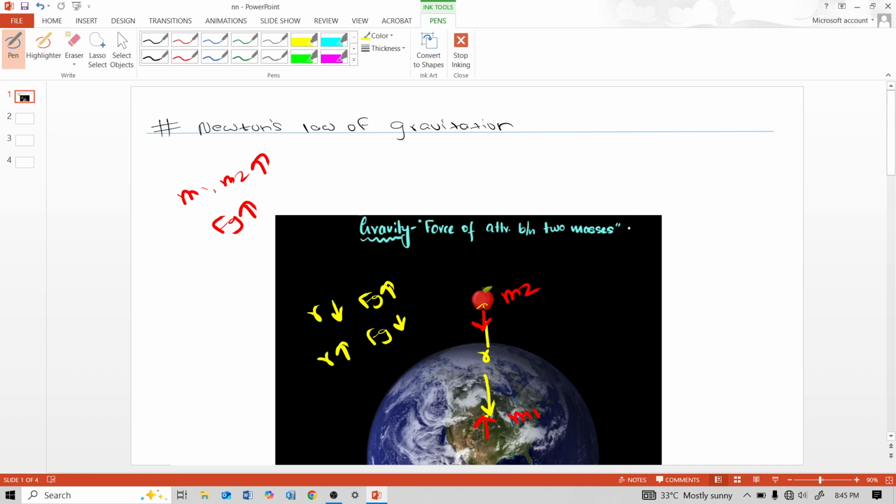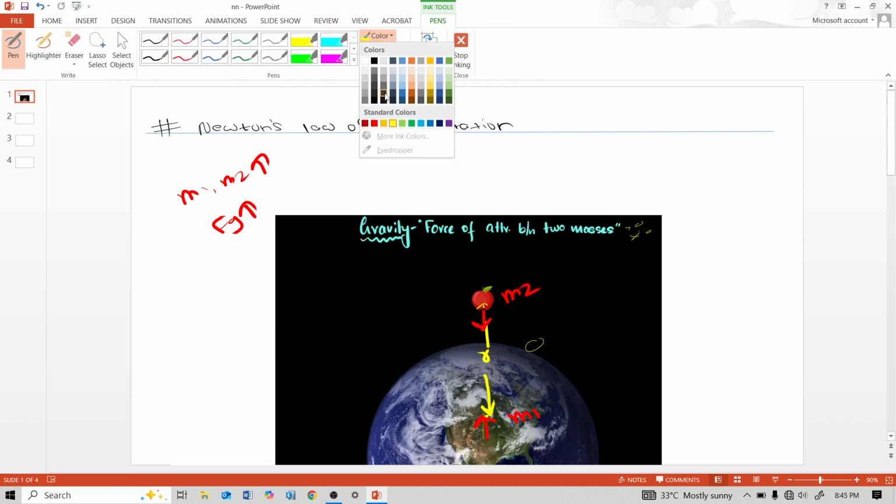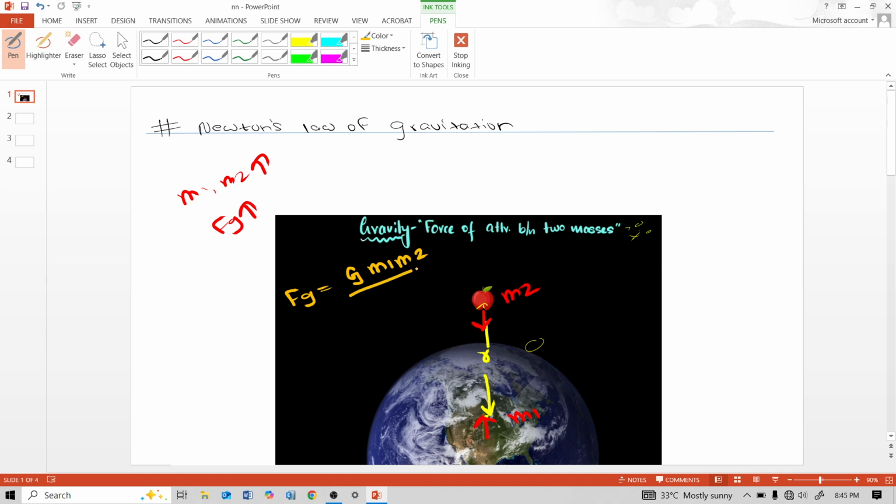reduce. See, there are a lot of stars, and they are too far away from earth, so between earth and stars the force of gravity is little as compared to nearer objects. So the relation formula is Fg, force of gravity, is equal to capital G, gravitational constant, times m1, mass of earth, times m2, mass of apple, divided by r square.